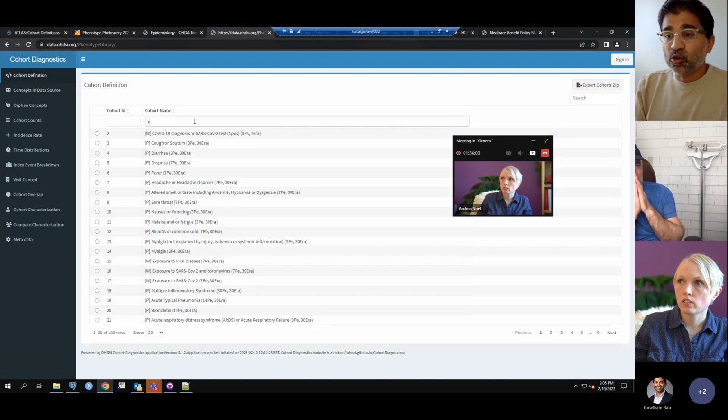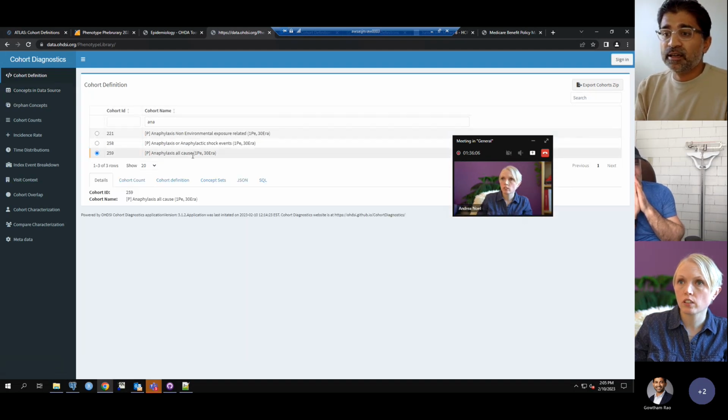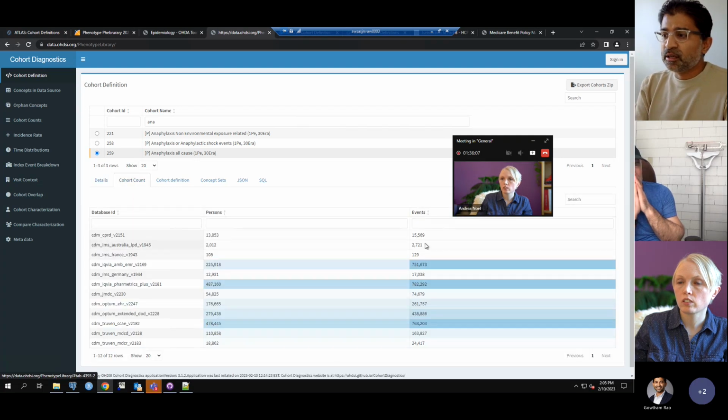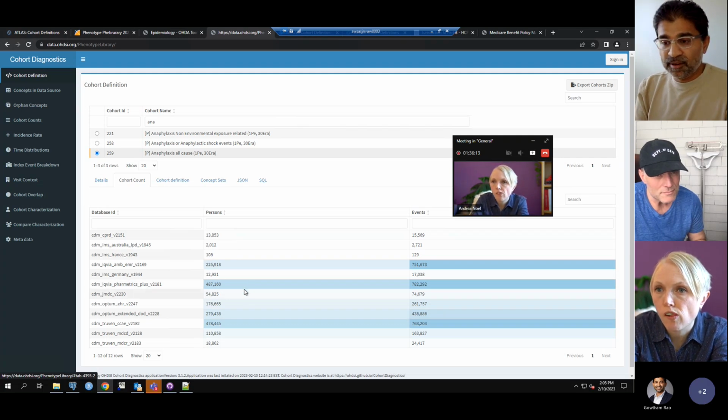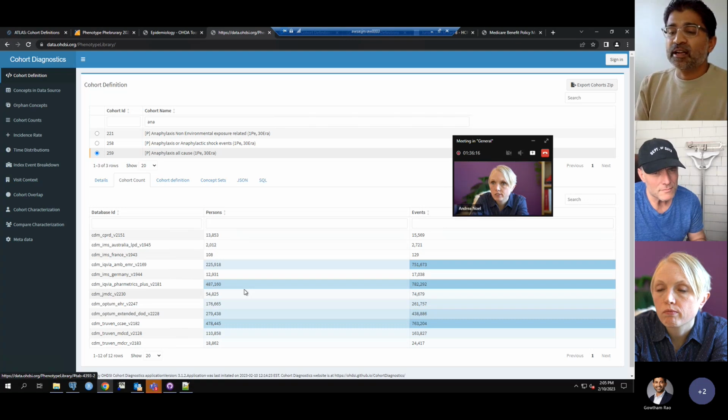We get both numbers at the same time. If you look at the cohort counts, you get events and you get persons. The new cohort will also give us events and persons, and we can compare both of them.